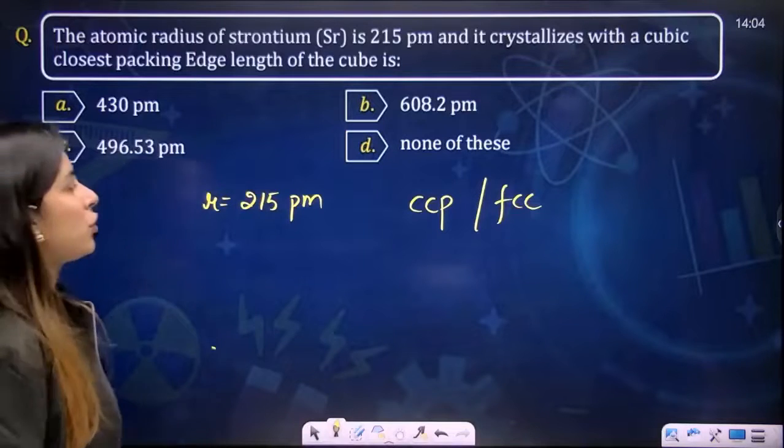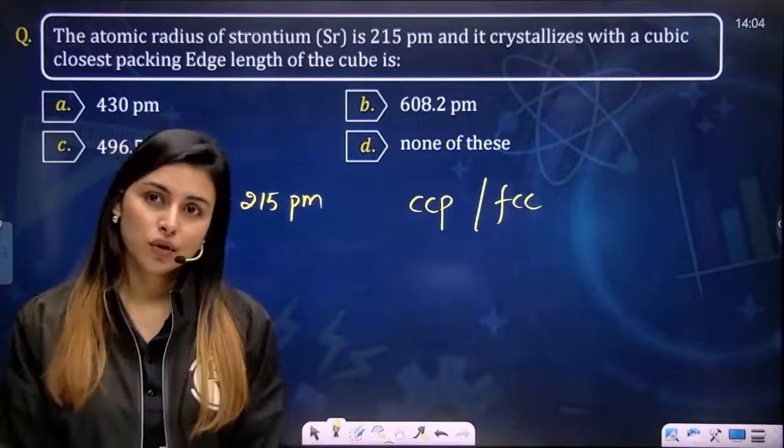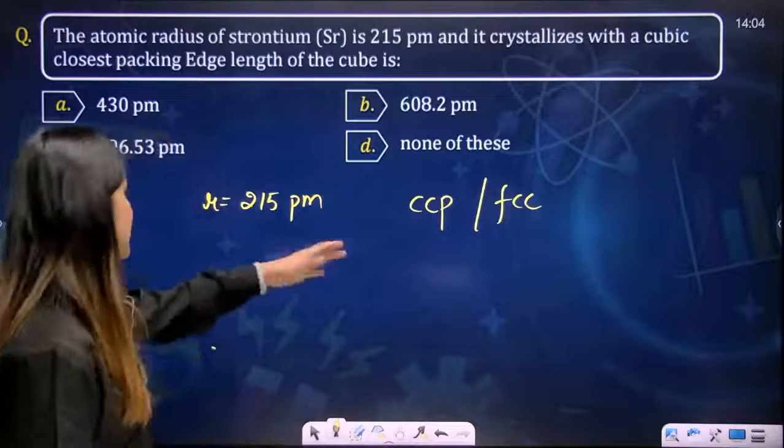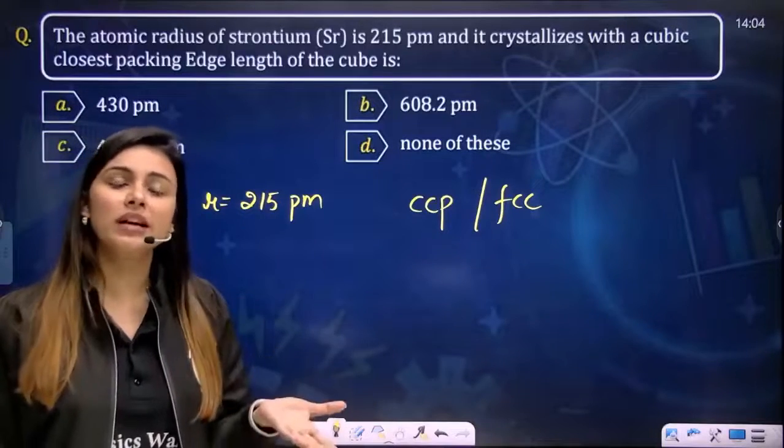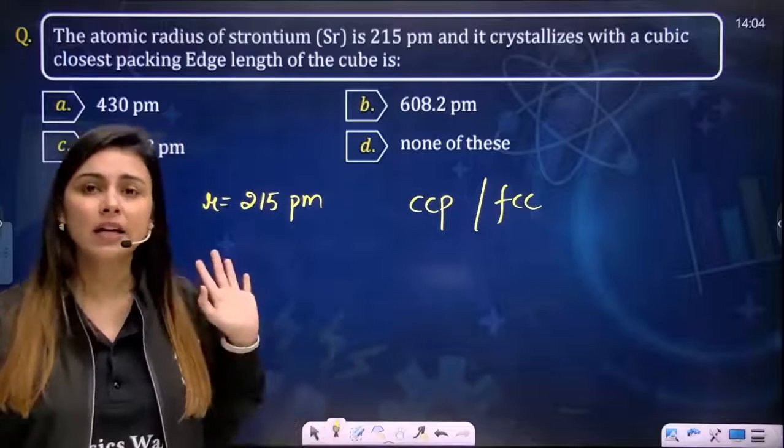Okay, you have to tell the edge length of the cube. So my dear students, in FCC, can I find the relation between R and A? Yes, if I find the relation between R and A, I can find the edge length.